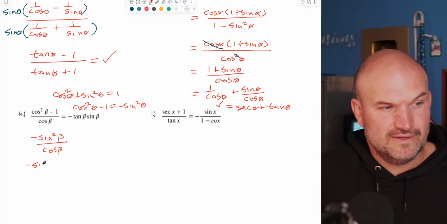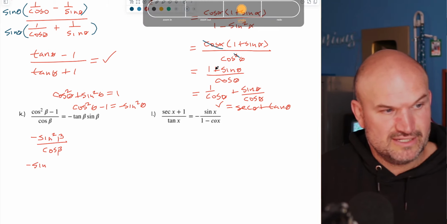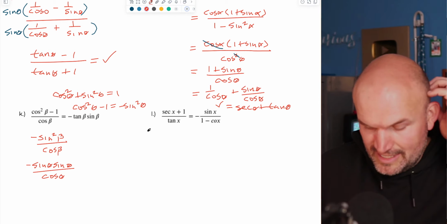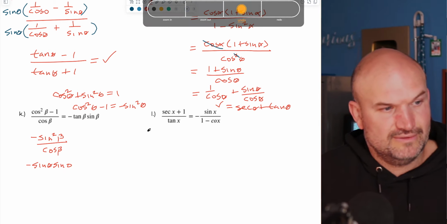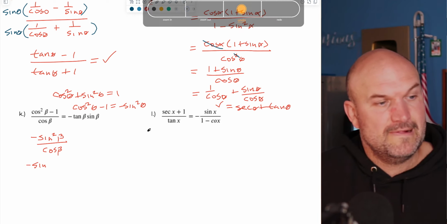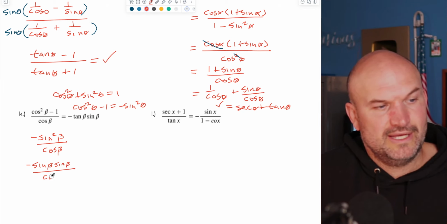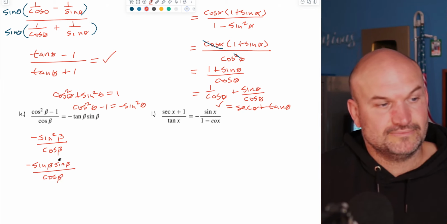So we have a negative sine of theta times a sine of theta all over a cosine of theta. Why am I doing thetas? Mr. McLogan, you're getting yourself confused. That's a sine of beta times a sine of beta divided by a cosine of beta.